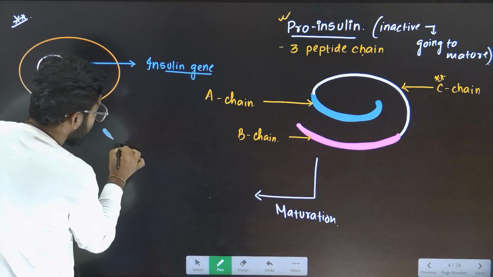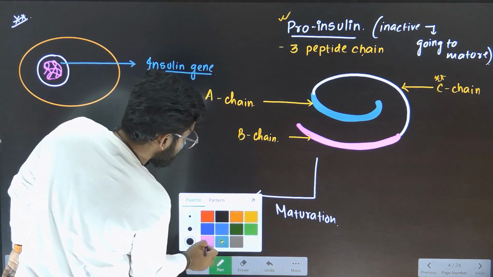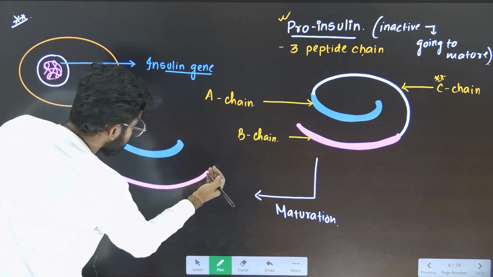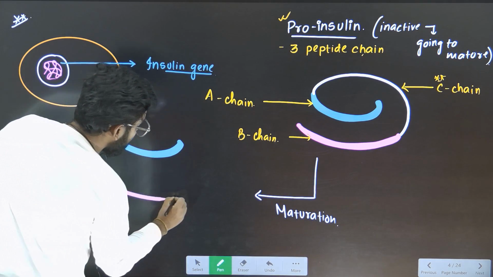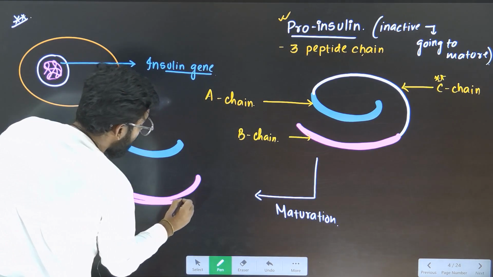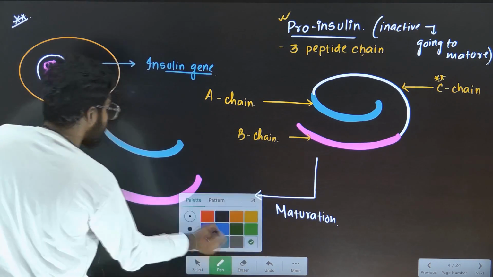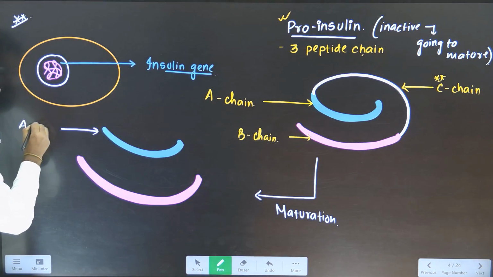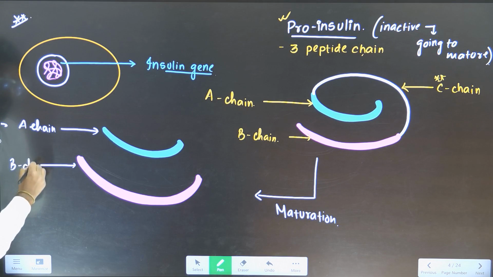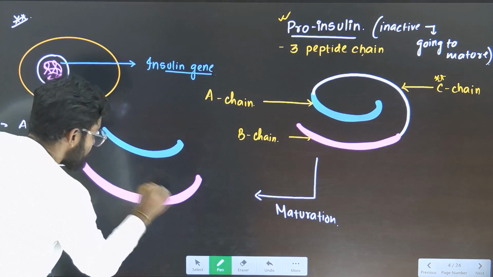What remains is the A chain, the A peptide chain, and the other one is the B chain. So in matured insulin, the 2 chains we see are A and B chain, and the C chain is absent.